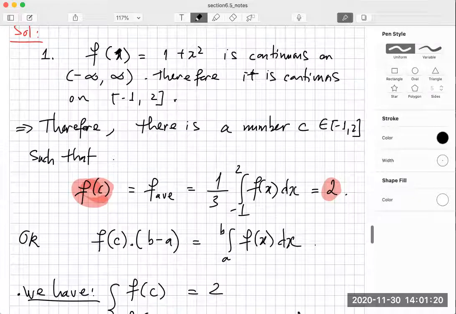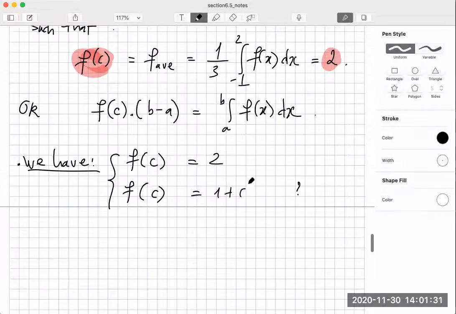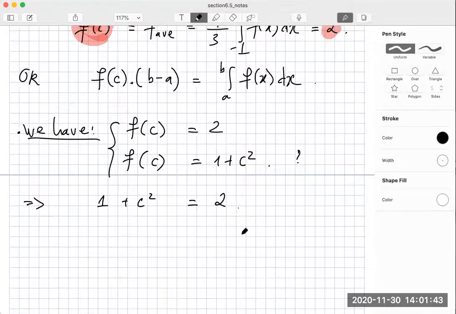If the input now is c, then f of c will be 1 plus c squared. Perfect. From these two equations, we conclude that 1 plus c squared should be 2, right? Now our job is to find the number c. Okay, how can we do that?